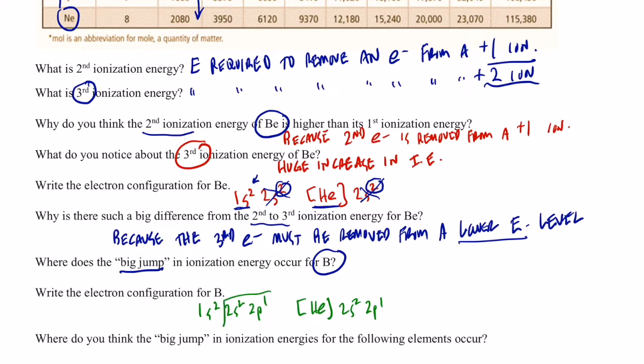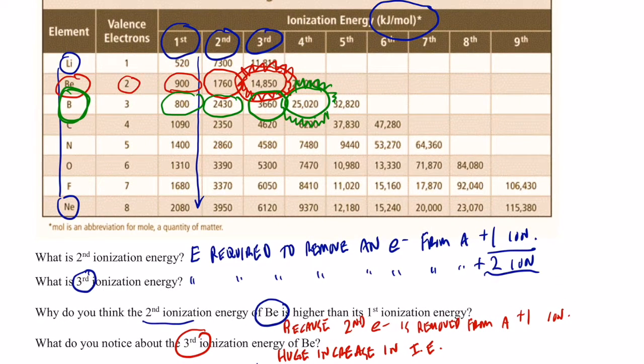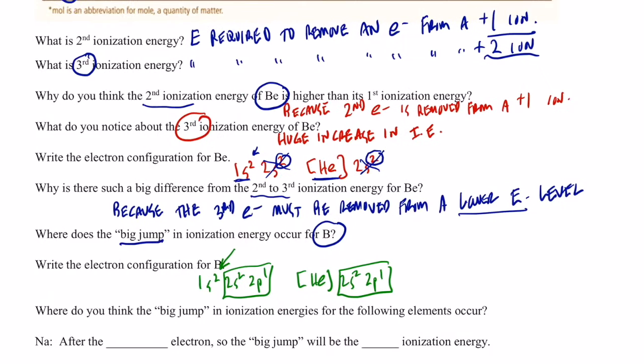Do you notice that it has 3 valence electrons? 3 electrons in the second energy level. It would make sense that those first 3 electrons were relatively easy to take away. But once I got to the 4th electron for boron, I then have to remove it from the 1s sublevel. And so I would get a huge jump on the 4th electron that I have to take away from boron.